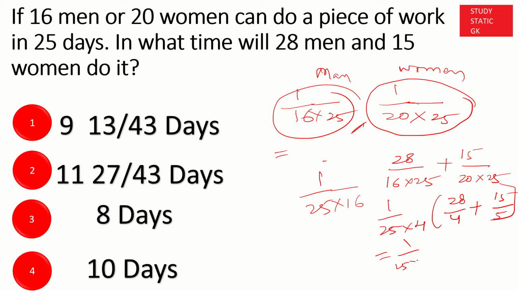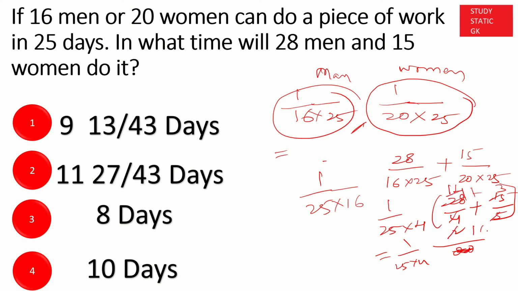So 1 by 25 into 4, 5 4s are 20. Anyways, sorry, I can cancel it. I cancel here. 2 2s are 2, 14, 5 3s are 15, and 2 7s are 14.